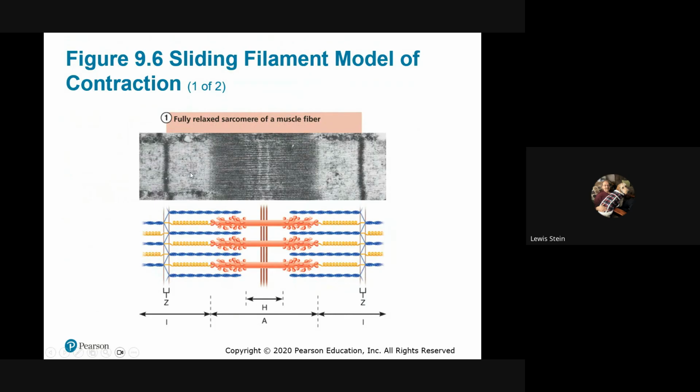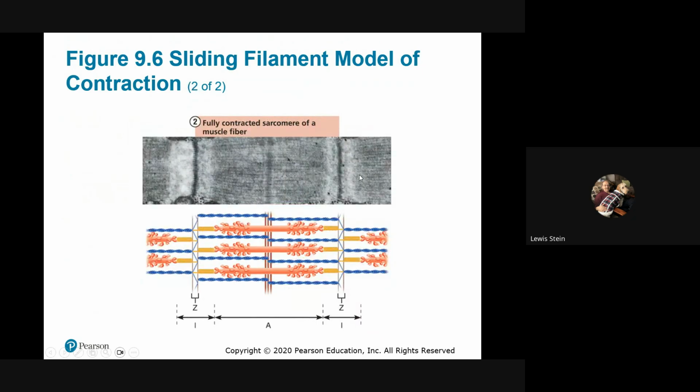Here's the dark band, here's the light band. So if I hold it here and I go to the next slide, whoa, that's how much it's fully contracted. So effectively, you can see a whole lot less of that I band. And even though the A band appears lighter, effectively it's remained unchanged. It's the I band. So here's the edge of the I band here.